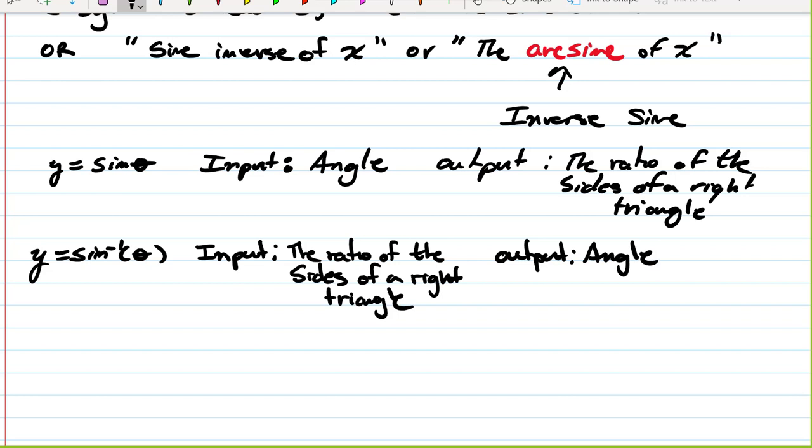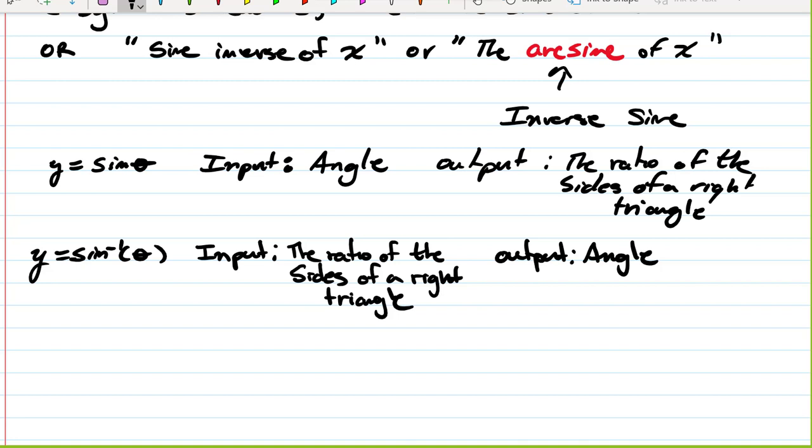So remember, with trig functions, we put in angles and we get out the ratios of the sides of a triangle. So inverse trigonometric functions have to undo that, or do the opposite of that. So we're going to put in the ratios of the sides of a right triangle, and the inverse trigonometric function is going to give us back an angle.